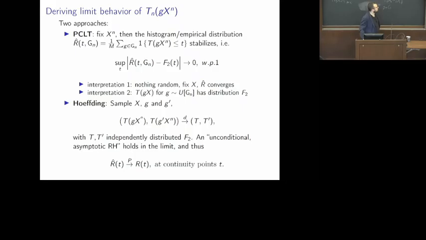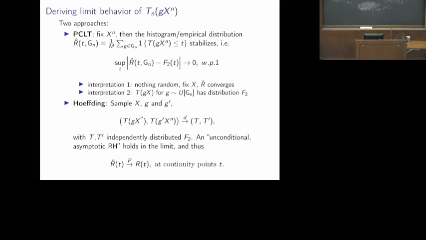Okay. So the first distinction I want to make is between two ways of getting at the guarantee that under the null my test statistic eventually rejects with prescribed probability. The one that we've intuitively been talking about throughout yesterday, and that we've presented formally, is really the one where we fix X and ask how does my histogram stabilize.